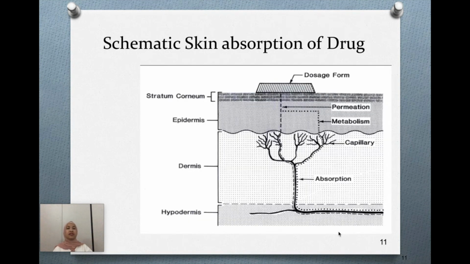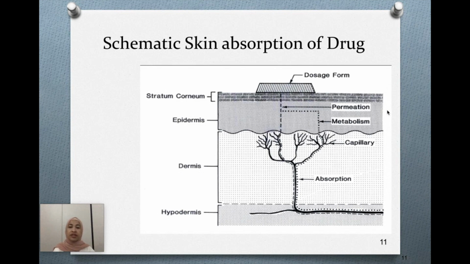So how does the drug absorb through the skin? This is your dosage form here. It needs to go through the stratum corneum before it reaches the blood circulation, which is the capillary situated in the dermis here. So for it to permeate through the epidermis, when it reaches the viable epidermis here, you get enzymes for metabolism, if you remember from the first part.